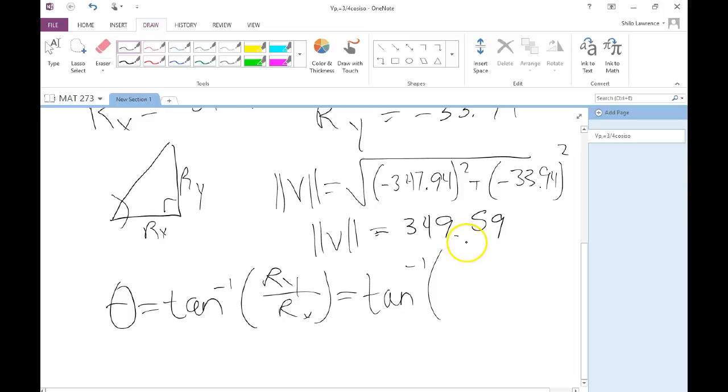So tan inverse of our r sub y was the negative 33.94. And our r sub x was the negative 347.94. That should give you a quadrant 1 angle.